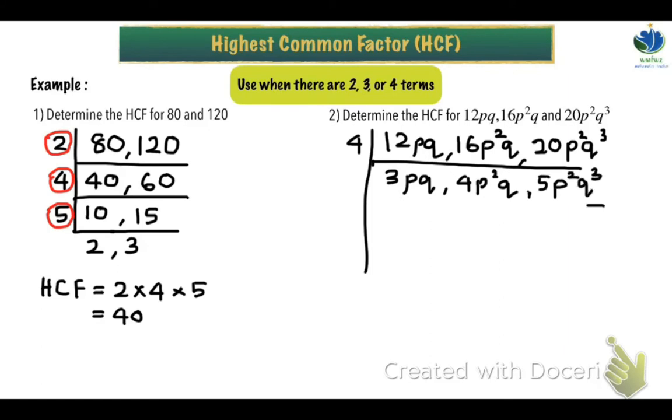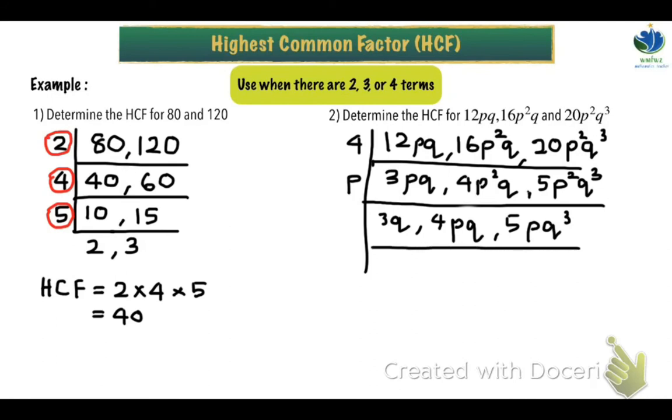Okay, next you see that all of the terms have p. So the lowest power of p that every term has is 1, so divide by p alone. 3pq divided by p, 3q. 4p squared q, 4pq. 5p squared q to the power of 3, 5pq cubed.